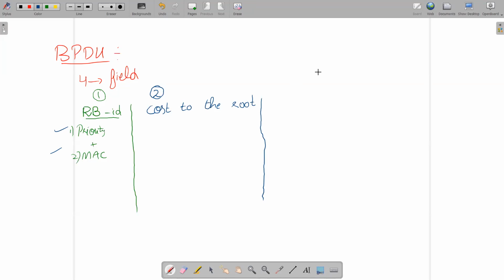And cost to the root means, for example, I'm having this kind of connectivity, and this is our root bridge. And right now, if I'm sitting over here at switch C, something is going to be transmitted from this port, or I'm receiving something from the root bridge over here.